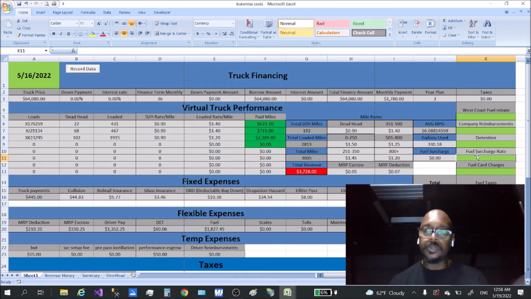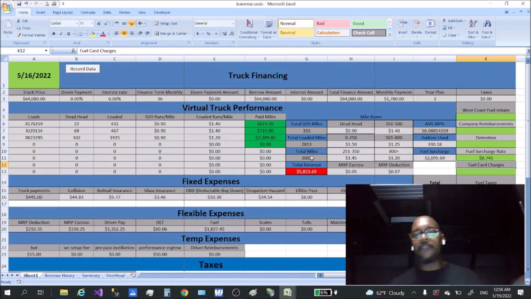So what they're giving us is an average of, I believe it's 745 right now, 0.745 cents.